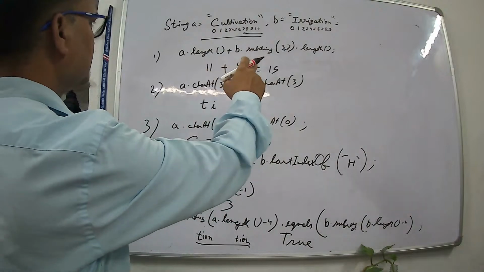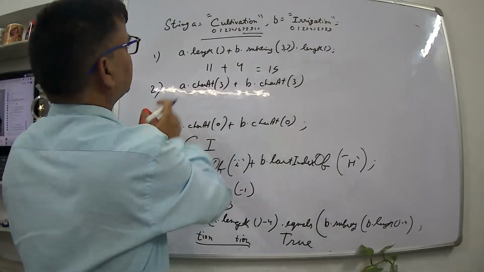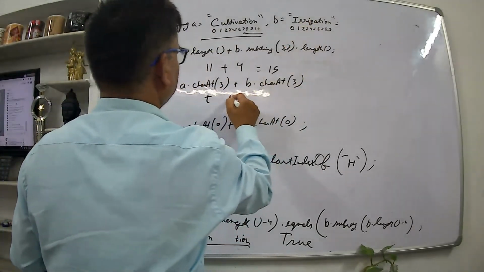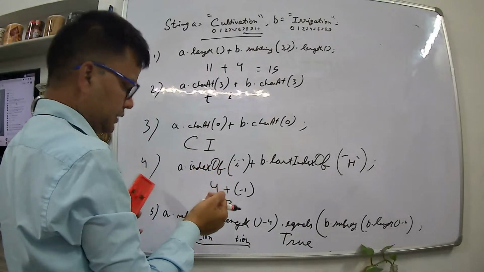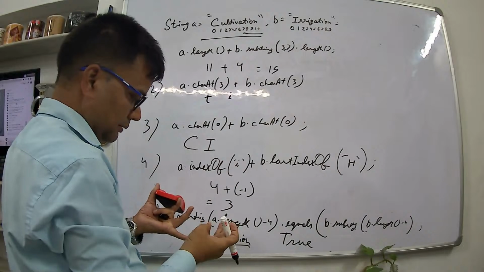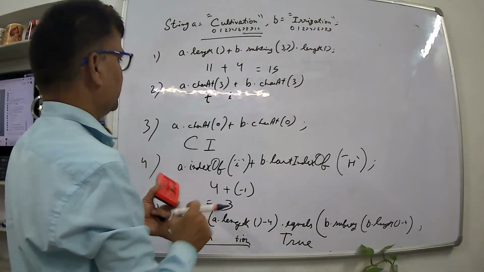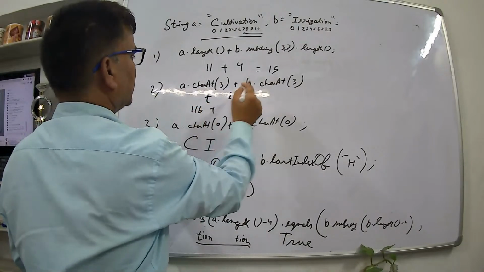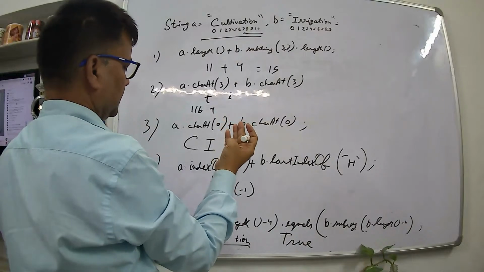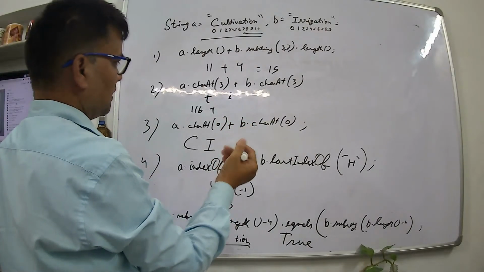Which one was there? Three. A.charAt(3) is T, and B.charAt(3), it is 0, 1, 2, 3, I. A, B, C, D, E, F, G, H, I, J, K, L, M, N, O, P, Q, R, S, T, so 116 plus I, which is 105.